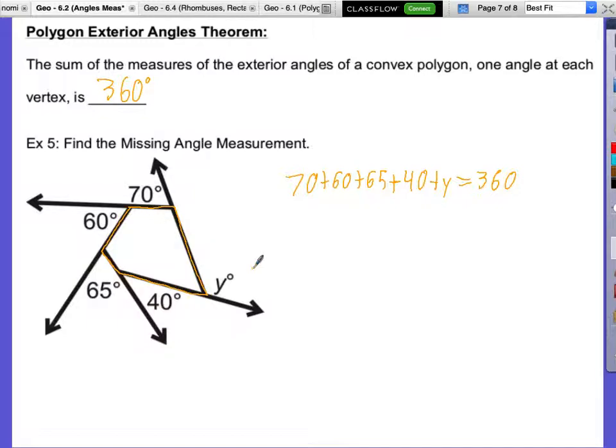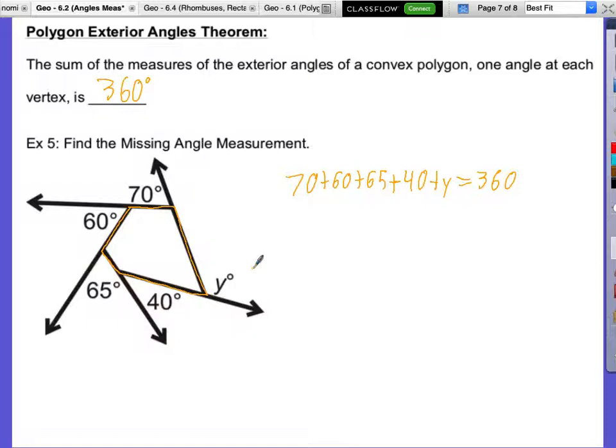So just like earlier, we added up the interior angles to get our interior sum. We'll add our exterior angles to get our exterior sum. But here, do you ever have to worry about what the sum's going to be? No, it's always 360 for these. Interior, it's different for the number of sides. Exterior, doesn't matter how many sides. It's 360. Kind of nice.